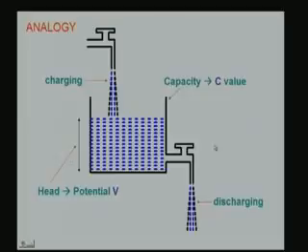So analogously, this system which we probably see every day, a bucket getting filled with water and then getting discharged, relates very well to capacitance action. And the volume of the water is actually the charge that is put into the bucket or into the capacitor.